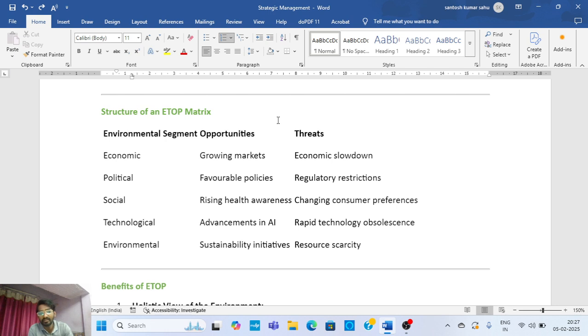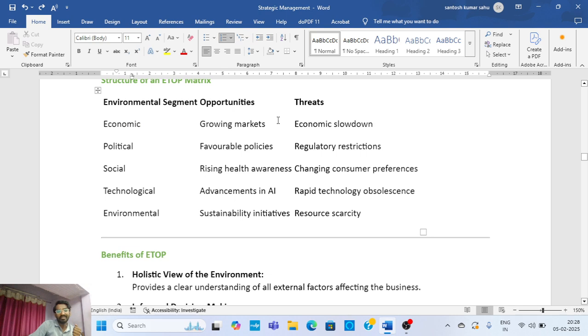It's completely the opposite of the advancements of AI or latest trends in technology. Then the environmental segment, where the opportunity is sustainability initiatives that affect the environment in a positive manner, and resource scarcity comes as the threat.